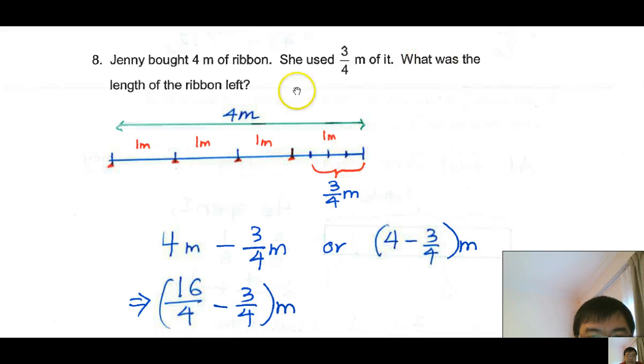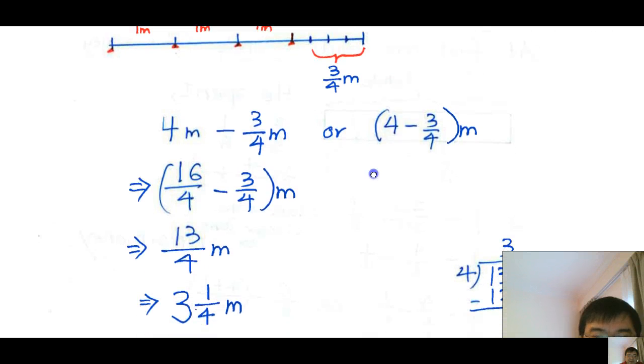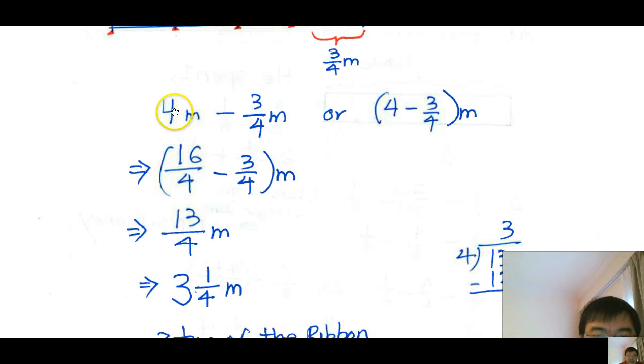Right, now what was the length of the ribbon left? So from 4 meters take away 3/4 of a meter. Or you can represent your calculation this way: 4 minus 3/4, the whole thing in brackets, and put a meter there. Okay, let us move on. So 4 meters, take a look at this denominator.